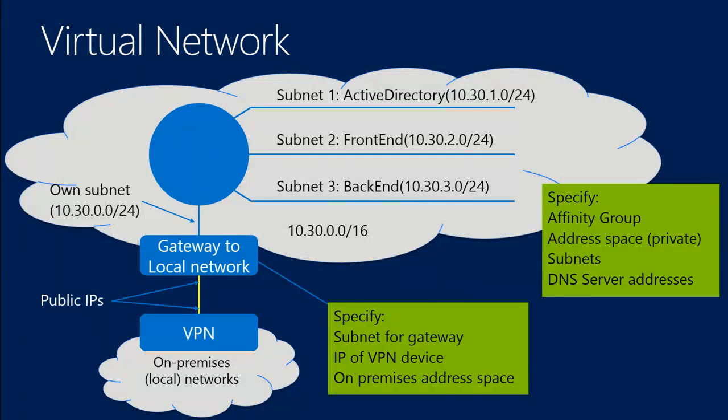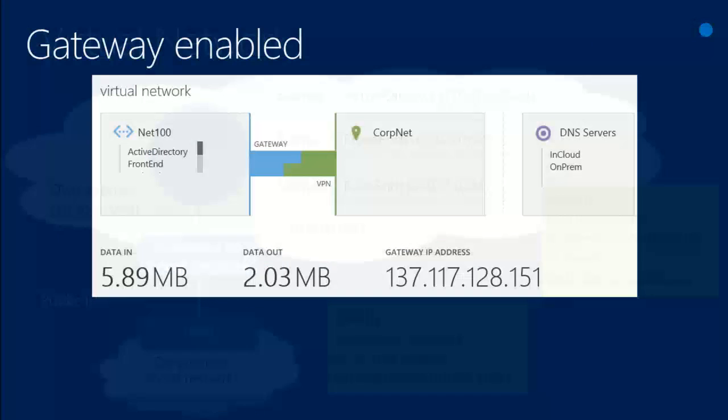So we need to specify the subnet ranges that are on-premise. And then the public IP. So the gateway up in Azure will get a public IP, for your VPN gateway. And with the gateway enabled, we can then start communicating with on-premises.